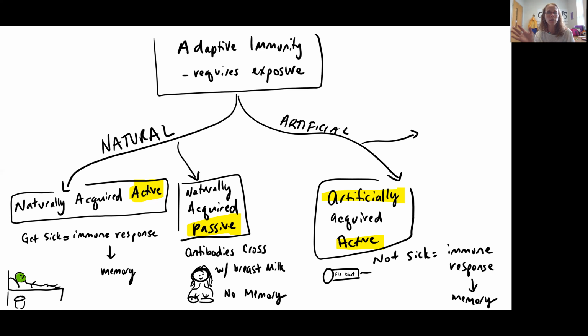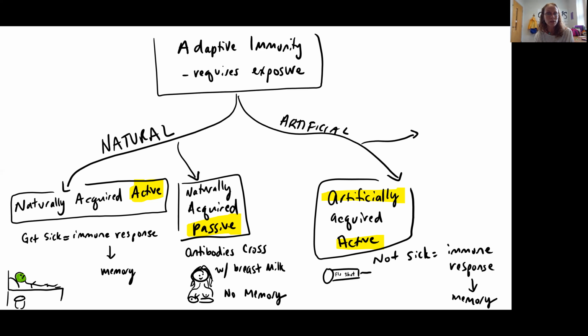On the opposite side of things, we can have artificially acquired immunity. So you can have artificially acquired active immunity. This is what we're most often familiar with. This is where you're receiving a vaccination that has pieces and parts of a pathogen. Basically, you're injecting the body with antigens such that your lymphocytes see it, your lymphocytes activate, they make clones, they have memory cells.